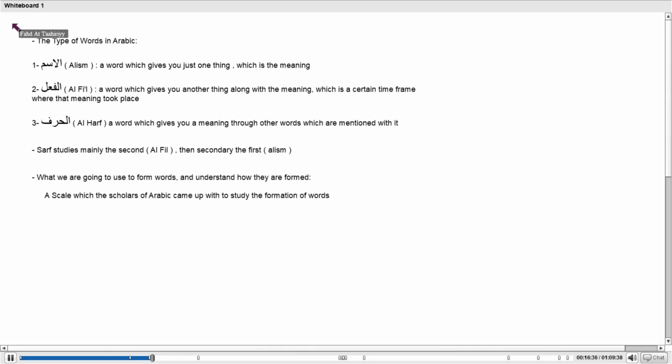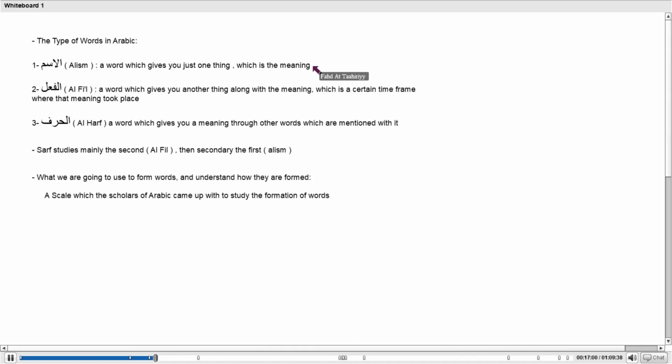It means the sun. It gives you nothing but that meaning. It doesn't give you a time frame with it. Another example, Ustadh: it just gives you one meaning, which is the teacher.